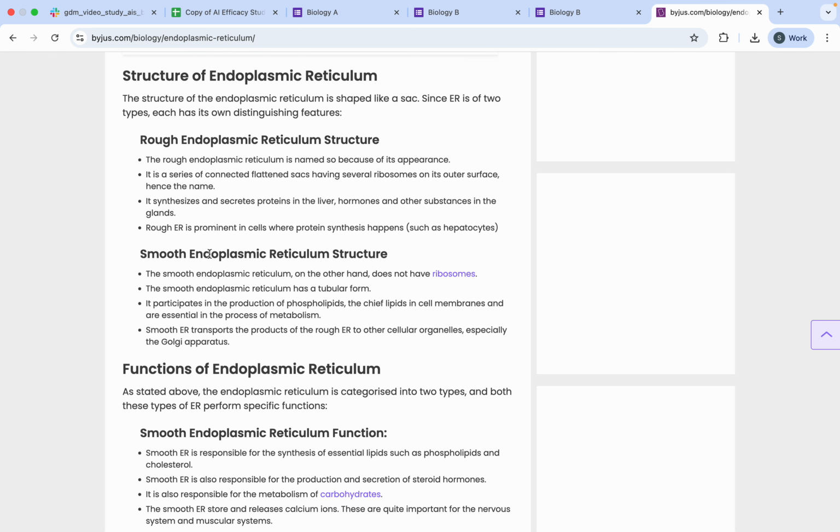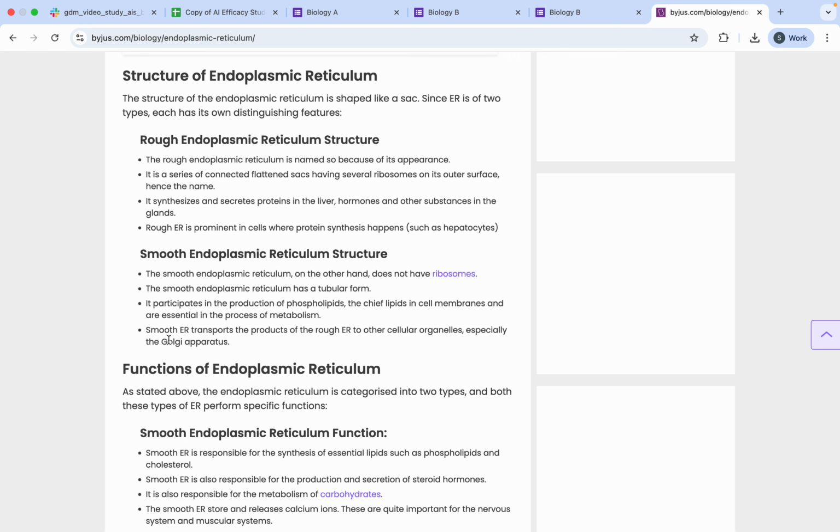So what is the speciality of smooth endoplasmic reticulum? It does not have ribosomes. The smooth endoplasmic reticulum has a tubular form. It participates in the production of phospholipids, the chief lipid in cell membranes, and is essential in the process of metabolism.